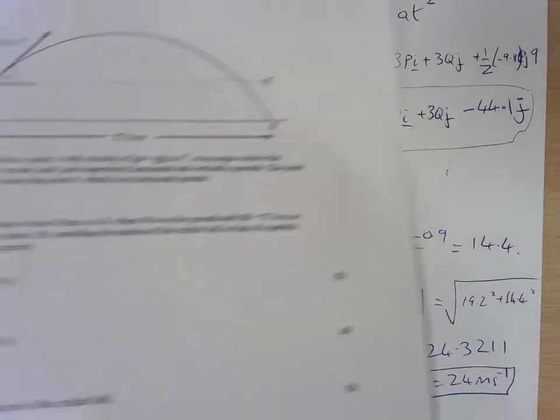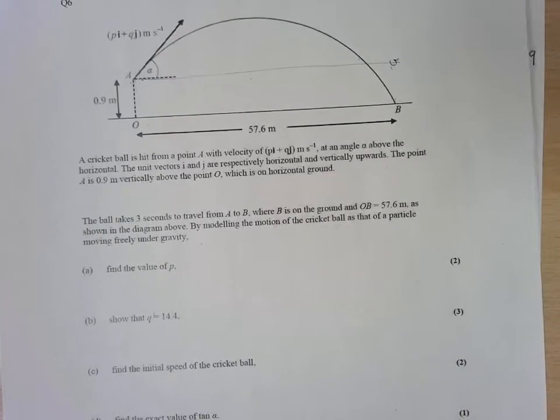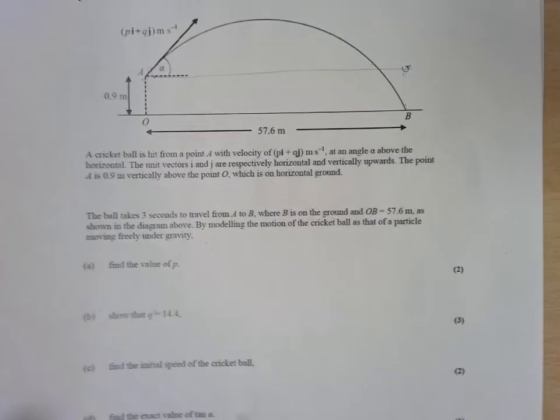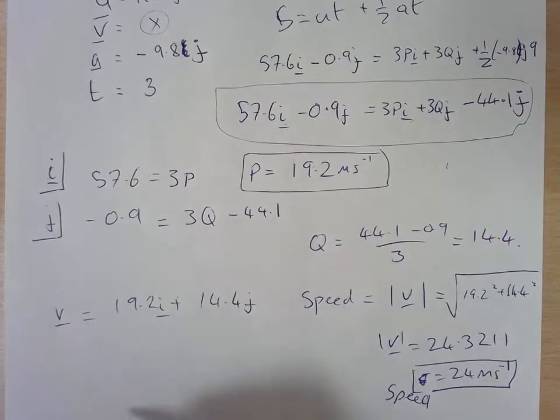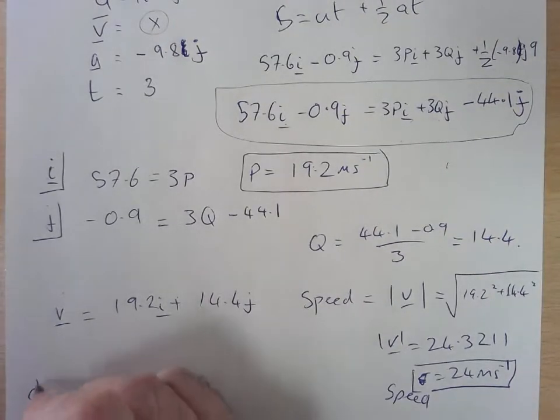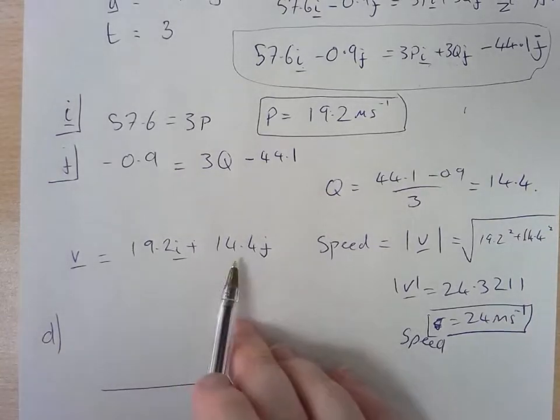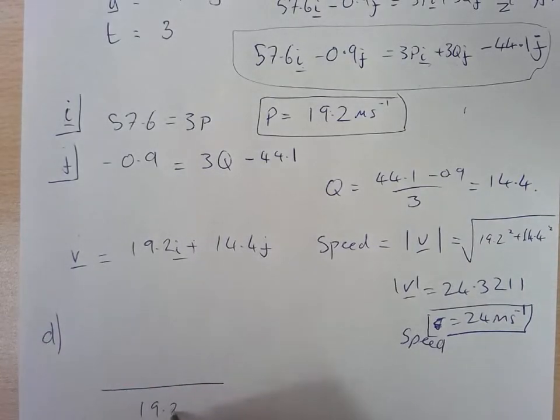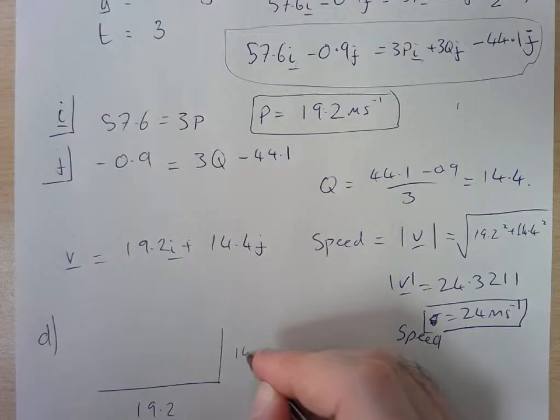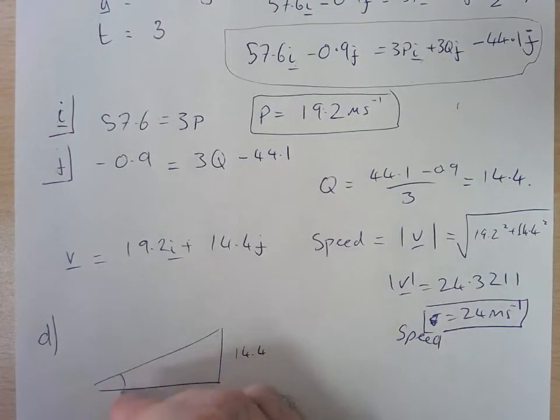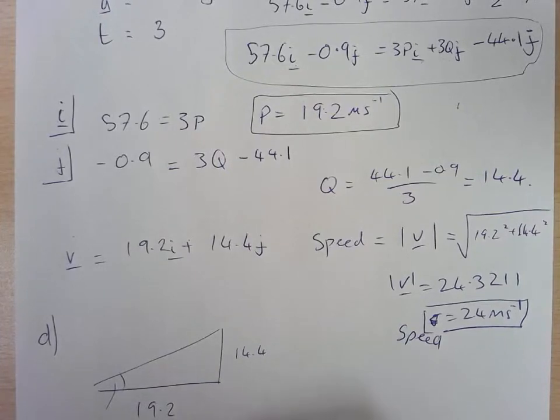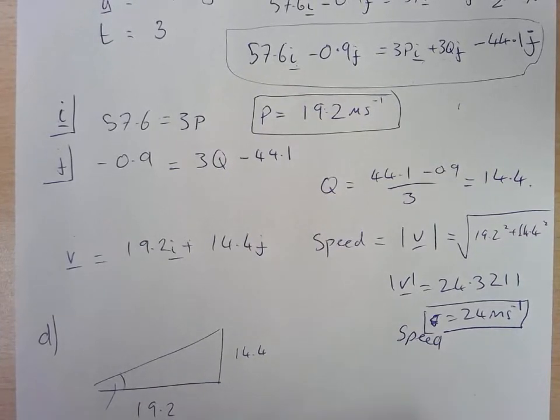For part D, we're asked to find the exact value of tan alpha. So if we draw ourselves a little rectangle, we know that this is 19.2 along and 14.4 up. So we can find this angle with tan alpha is 14.4 over 19.2.